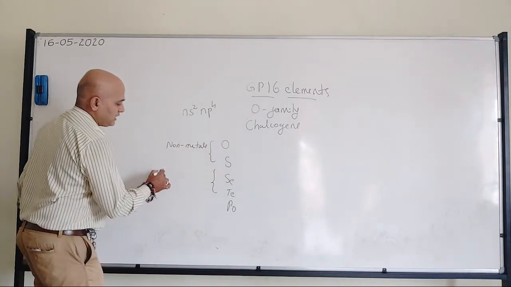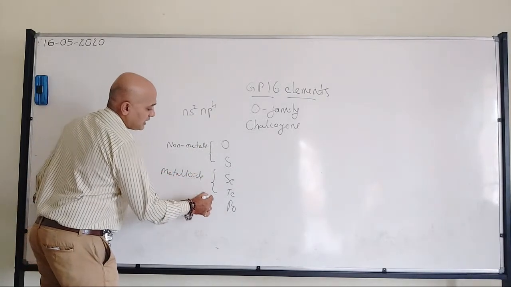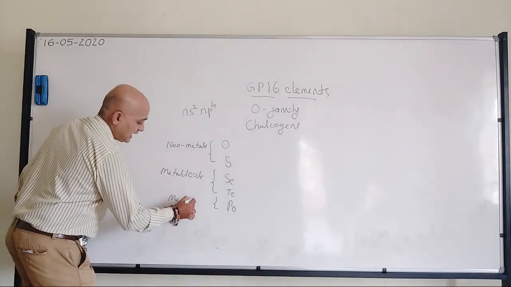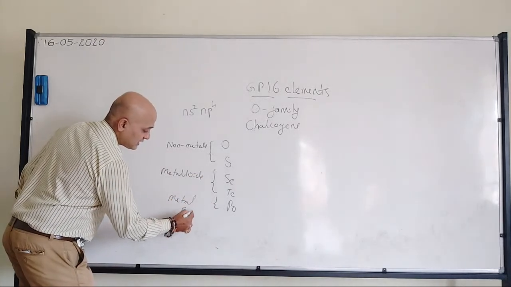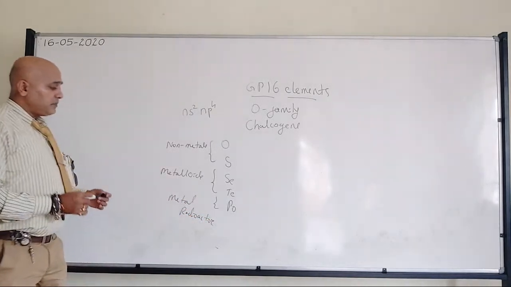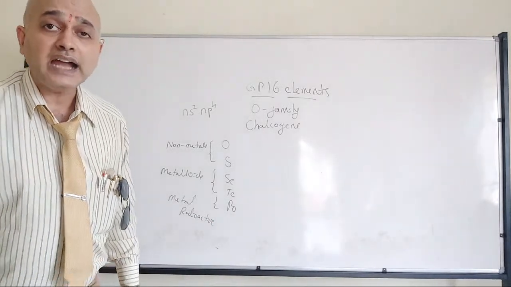Selenium and tellurium are metalloids. And polonium is a metal, and along with that, it is a radioactive element.